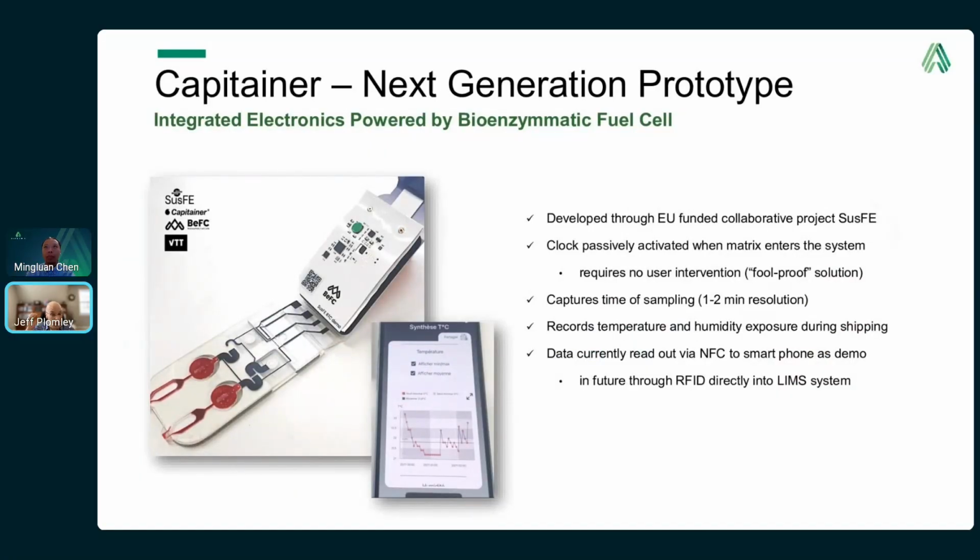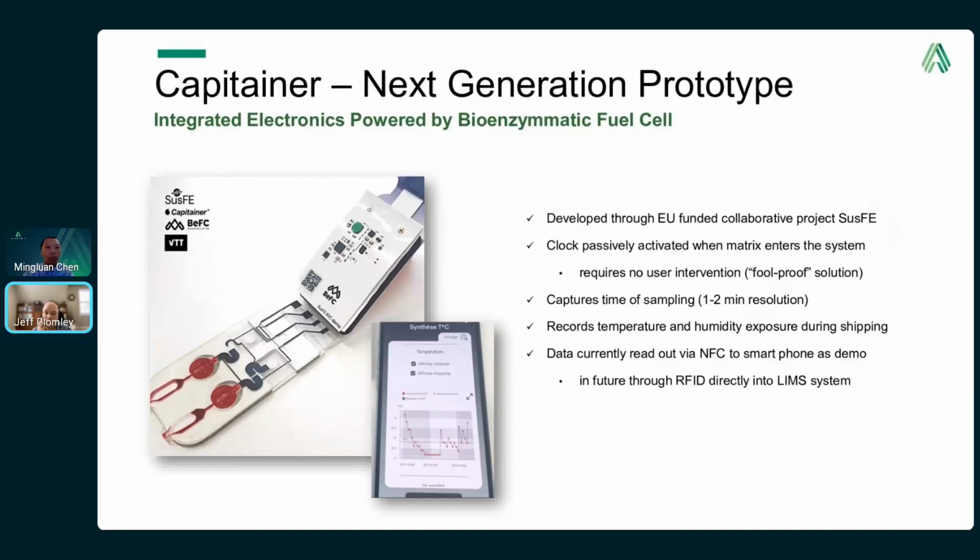And finally, one of the more recent advancements of the card platform is the ability to accommodate integrated electronics powered by metal-free bioenzymatic fuel cells and active sensor tags that have been developed by BEFC. And what that allows is the capture of sampling time whilst also recording temperature and humidity exposure during sample shipping.